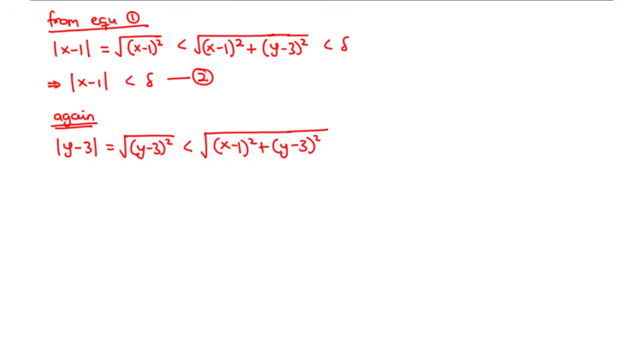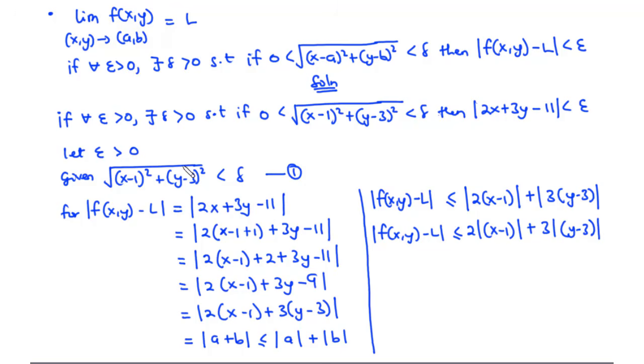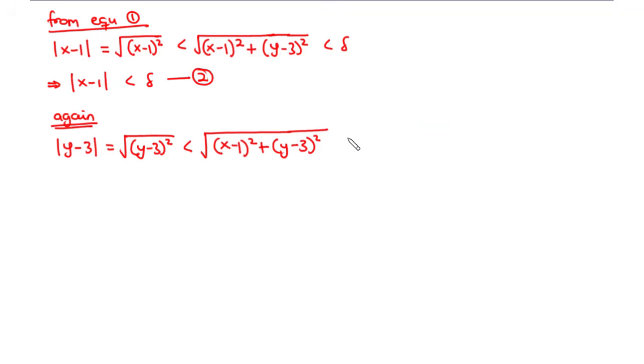This is also less than that. And then from equation 1, you realize that this is less than delta, so we still have this less than delta. In actual sense, we have the absolute value of y - 3 to be less than delta. Let's call this equation 3.